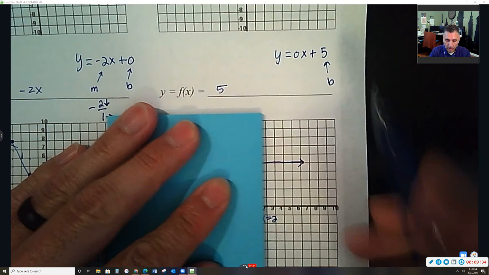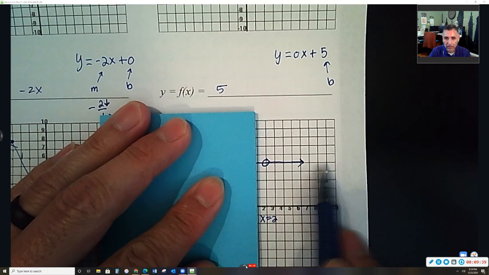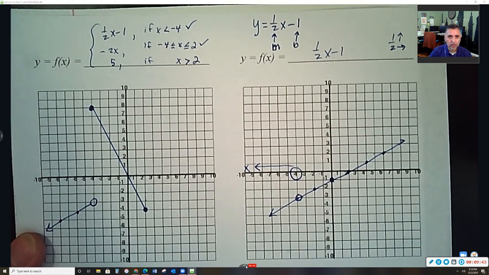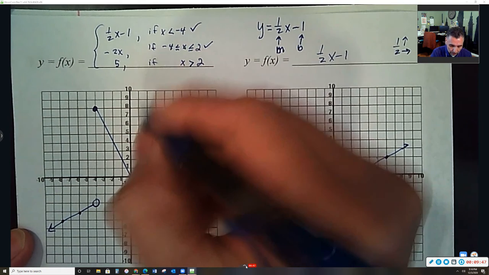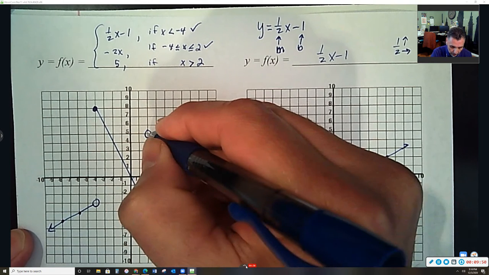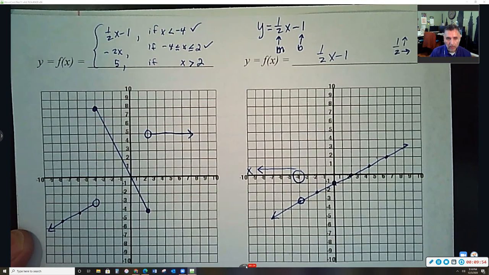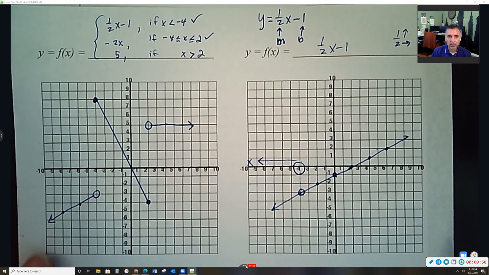Okay? But it does have to be open here, and then it goes in that direction. So again, let me go to my graph. So at 2, that line is up on 5, open, and it goes in this direction. Okay, and this is what it looks like.